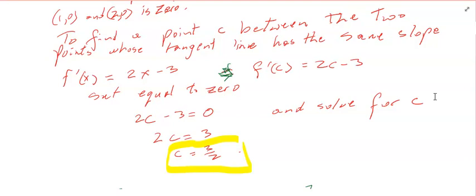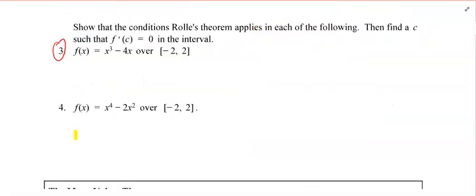Then setting this equal to 0 and solving for c, 2c is equal to 3, so c is equal to 3/2. So that is a c between the points (1, 0) and (2, 0) whose tangent line has slope 0.